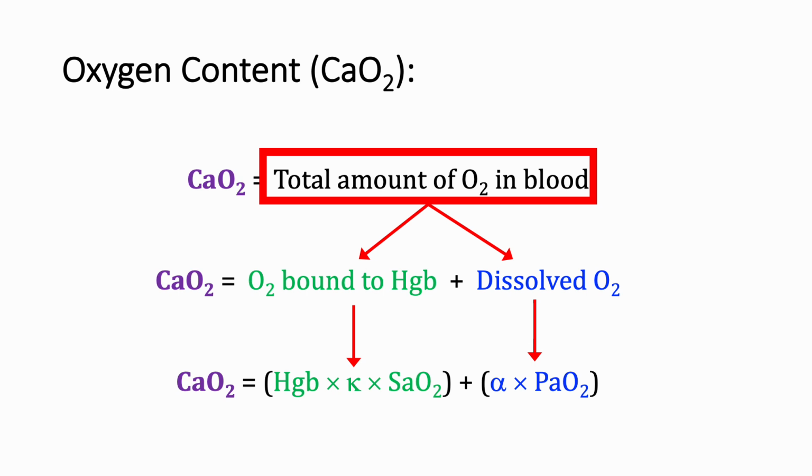The amount of oxygen bound to hemoglobin is calculated by taking the patient's hemoglobin concentration, as found on a CBC or even an ABG analysis, and multiplying that value by the patient's oxygen saturation, which can be found on the cardiac monitor as SpO2, or on the ABG analysis as SaO2, as we discussed. Next, this value is multiplied by a constant K, known as the Hüfner constant, which is the experimentally derived value that defines the maximum amount of oxygen that can bind to hemoglobin.